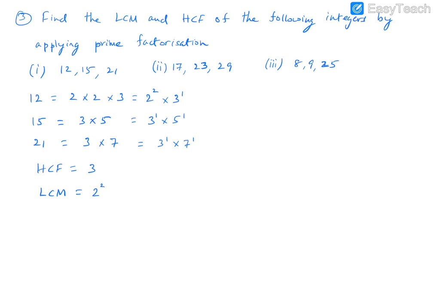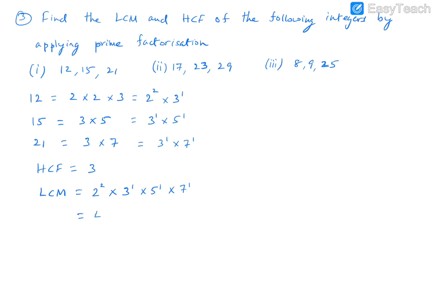So the greatest power of 2 is 2, so 2 power 2, into the greatest power of 3, which is 3 power 1. We take it only once. And then the greatest power of 5 is 1, so it's 5 power 1, and the greatest power of 7 is also 1, so it's 7 power 1.